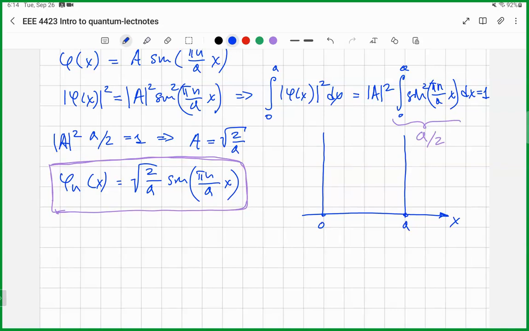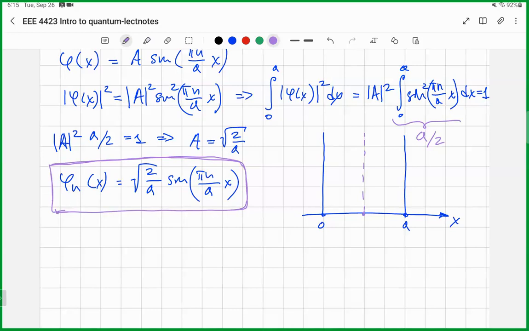By the way, in the literature, in the textbooks, sometimes the authors put the 0 in the middle here, and then the result will be a combination of sine and cosine, and discretized by parity, right?